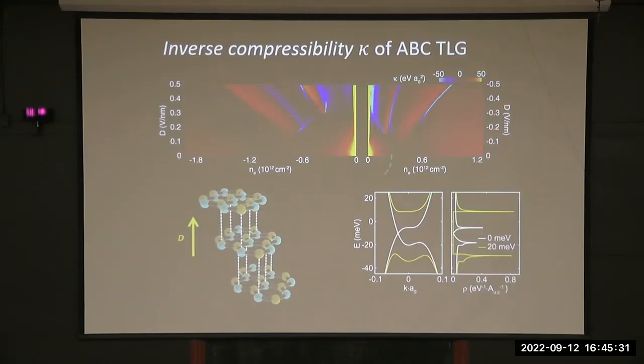As might make sense from the discussion before and from this band structure, all of this physics gets stronger and emerges as you apply this electric field and make that spike in density of states go up. What's plotted here is the non-interacting band structure at zero displacement field, where there are small increases in density of states, and then at large displacement field, you get these very big spikes.